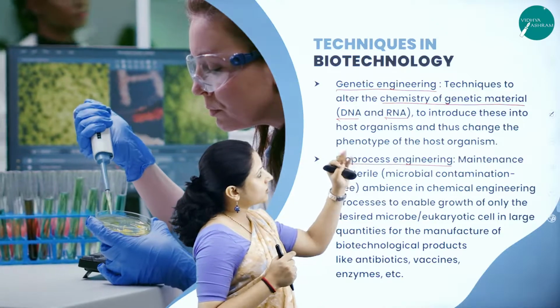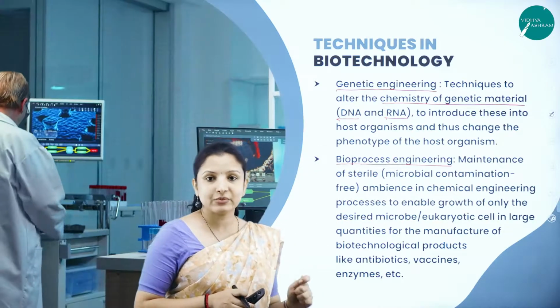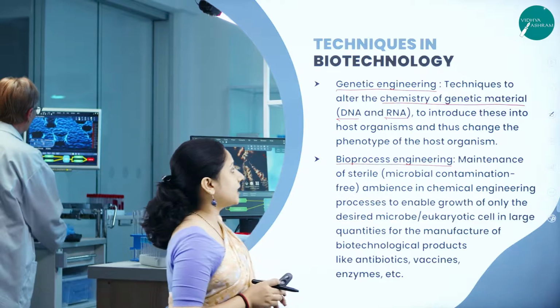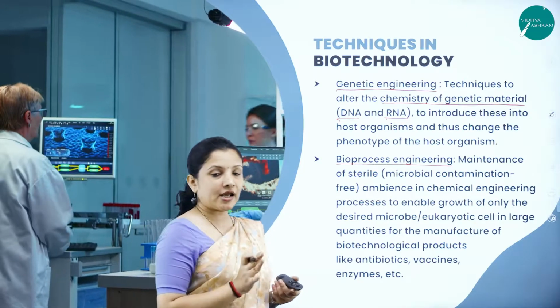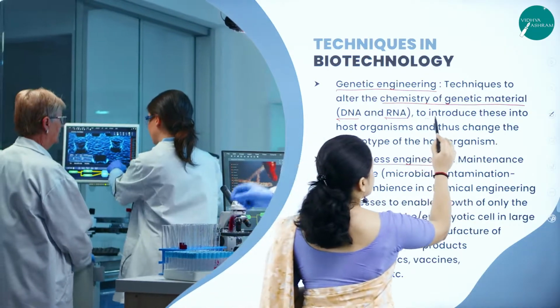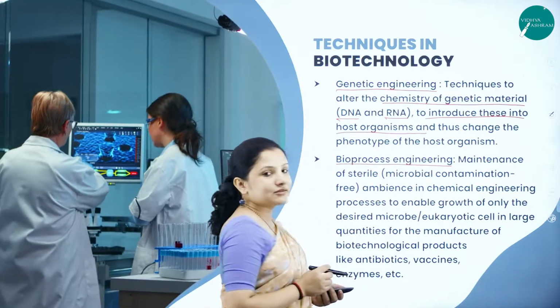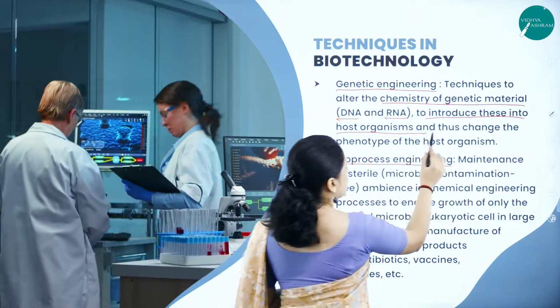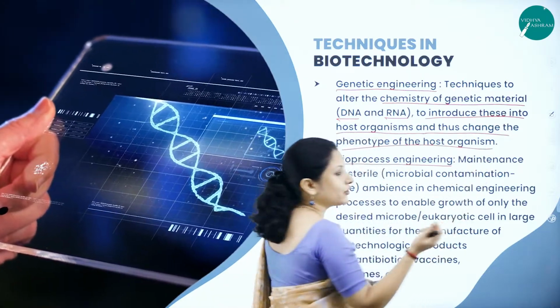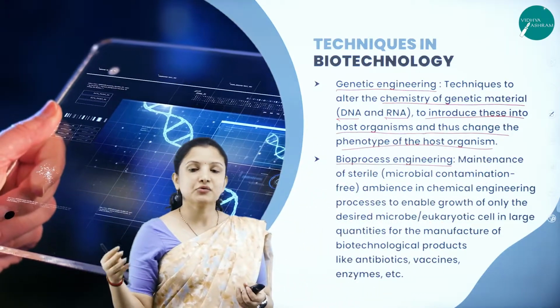So here they try to alter the chemistry of the DNA or the RNA, and this altered DNA or RNA, they will introduce into the host organism, and thus change the phenotype of the host organism. Like how I told you, right? They put it into a plant which is less yielding.